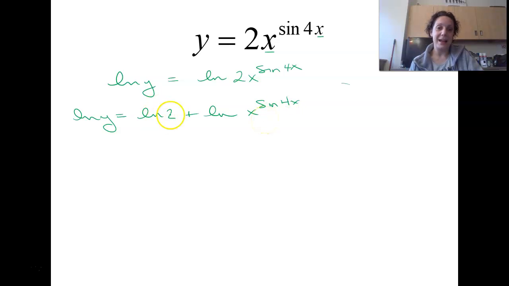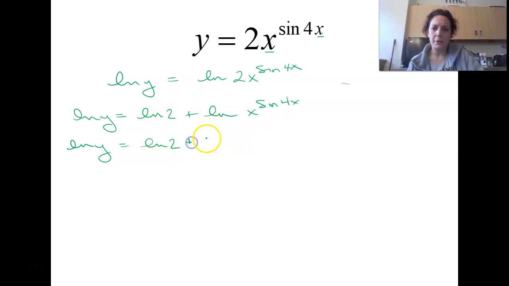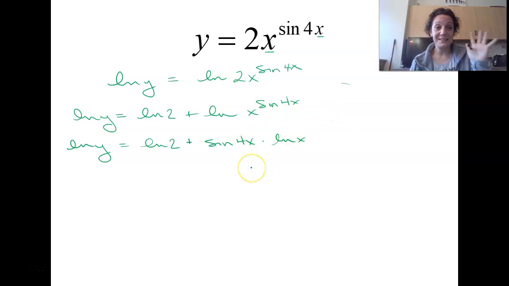Now, I have a situation where I can bring it down. And again, as you start doing this on your own, you may bring that down in one step, and that's fine. Get better and better at this. So now I have the sine of 4x, I'm bringing down front, times the ln of x. Okay. Logarithmic part is done.